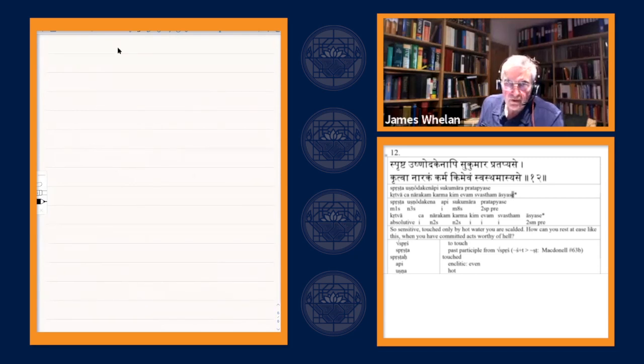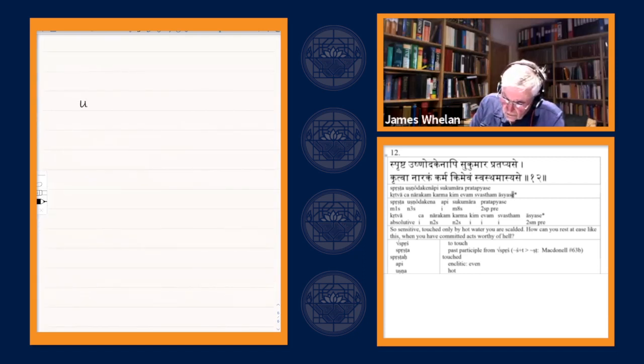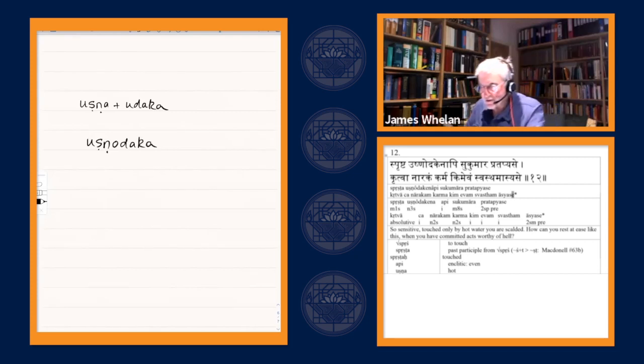Where you get two words merging, Ushna udaka becomes Ushnodaka. Notice I haven't put the circumflex accent there.